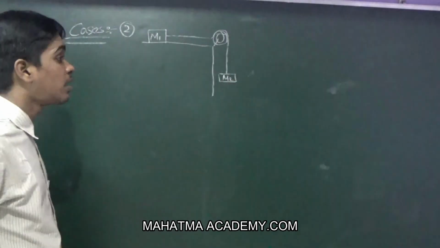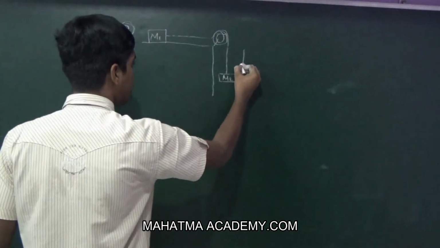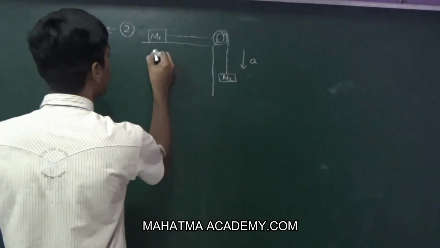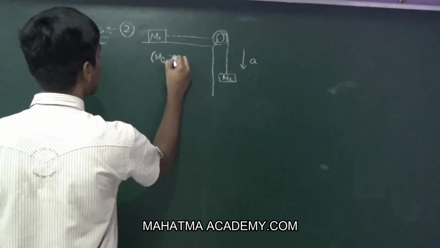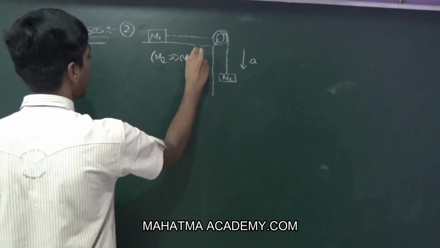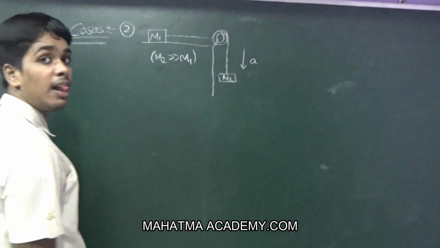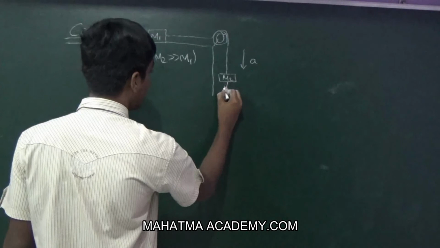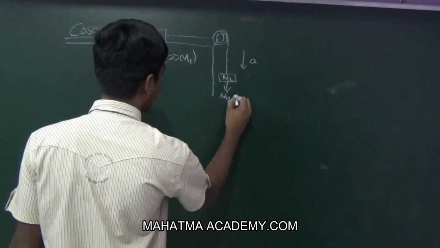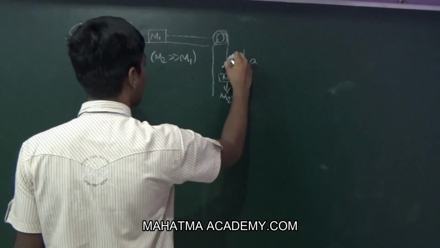First suppose the body is moving downward and m2 is greater than m1. In the vertical case we have seen it is m2g and the tension is T.